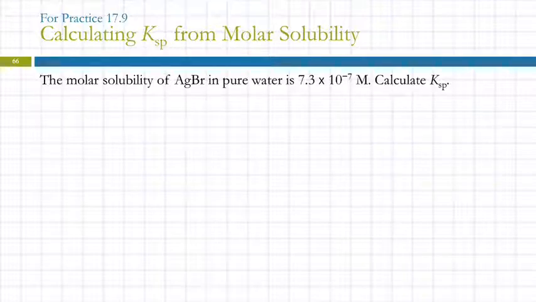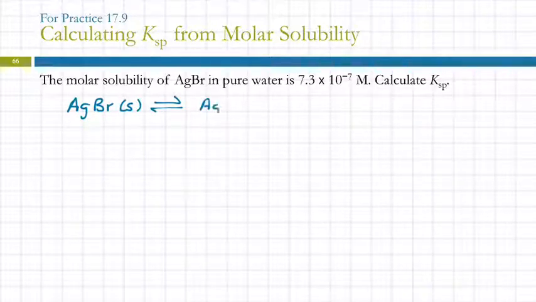Let's look at the molar solubility of... Oh, wait. We're calculating KSP from the molar solubility. So we're given the molar solubility of silver bromide, and we're asked to calculate KSP. Well, let's just think about this. Might be a good idea to start out with the chemical equation describing how this dissolves.